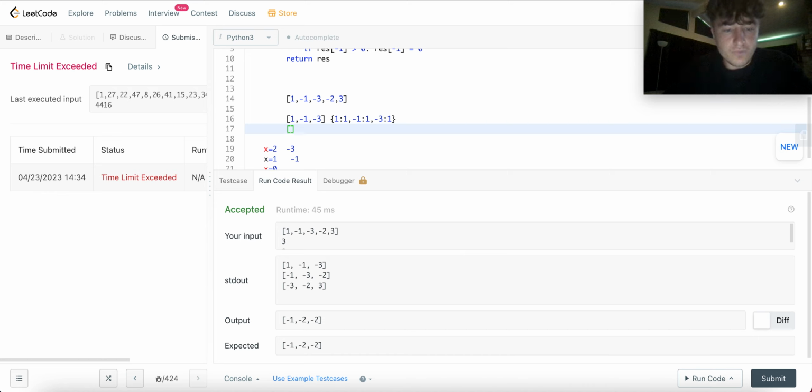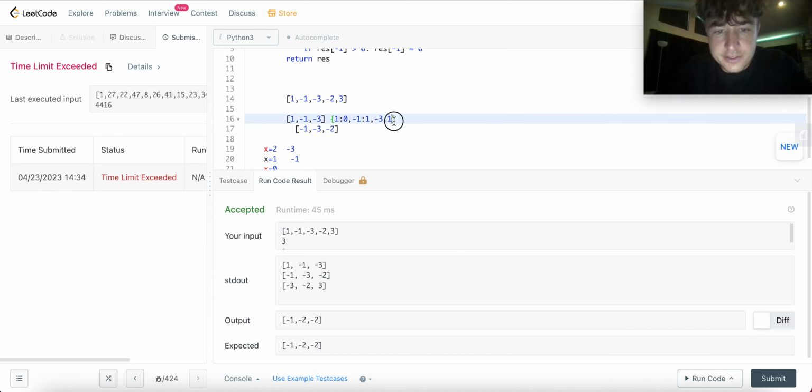Then when we look at our next subarray, it's -1, -3, -2. The only difference between the previous subarray and the current subarray is that I'm getting rid of a 1 and I'm adding a -2. So that's a constant operation.